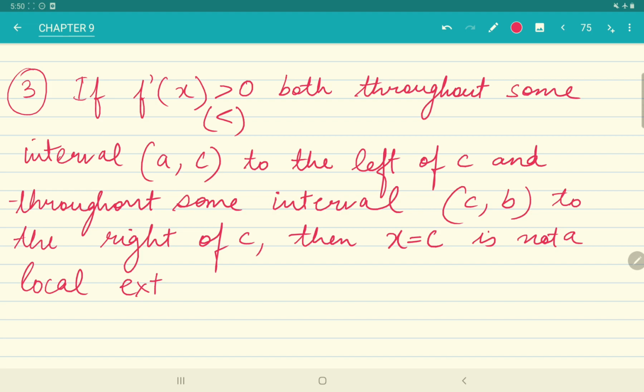That means neither a local maximum nor a local minimum for f.